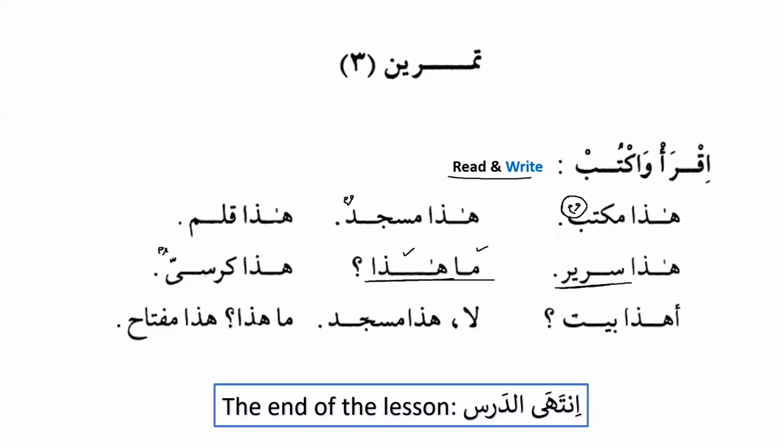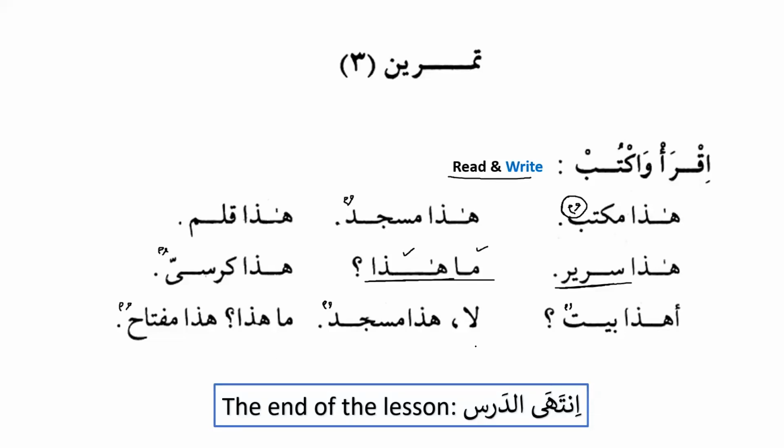And هذا بيت, is this a house? And here لا هذا مسجد. No, this is a masjid, as we can see over here. So we have to put the case endings. ما هذا. هذا مفتاح. Excellent.